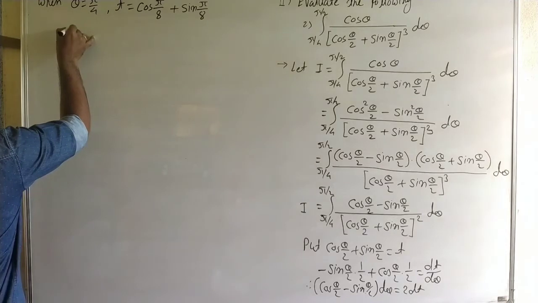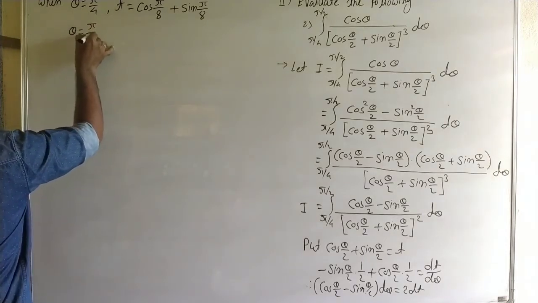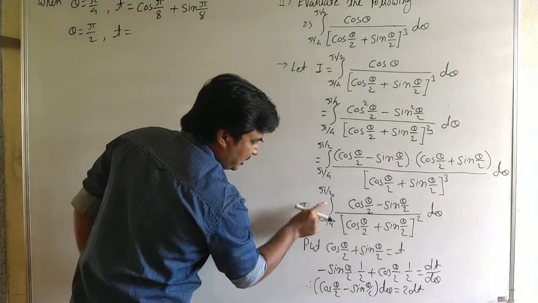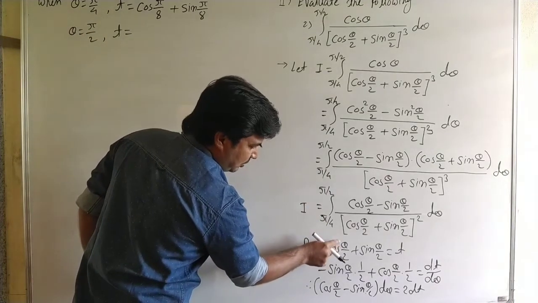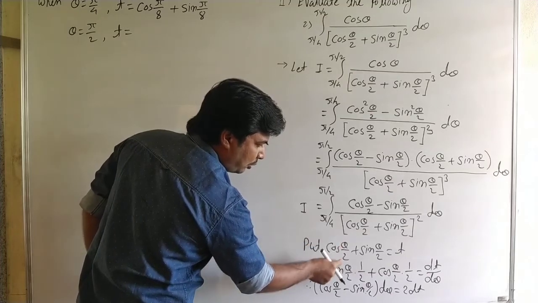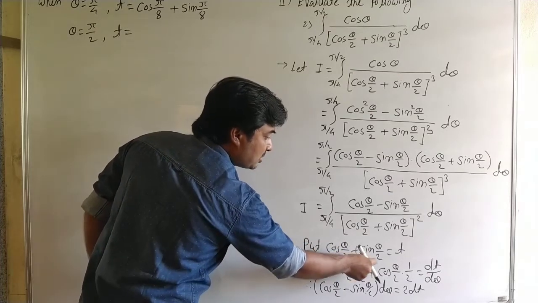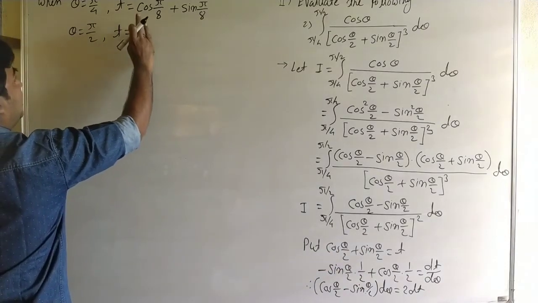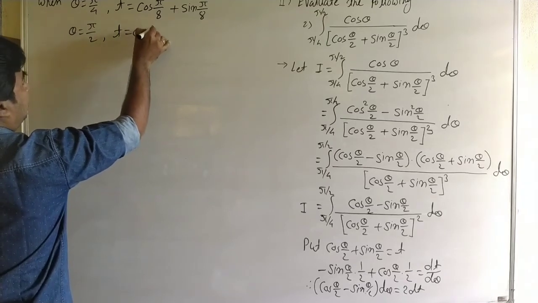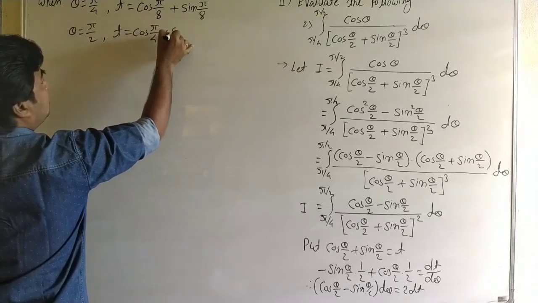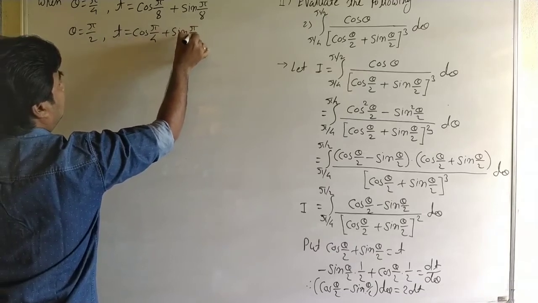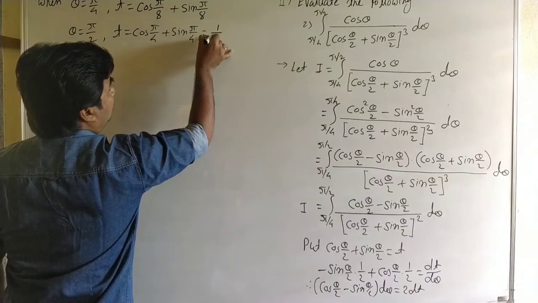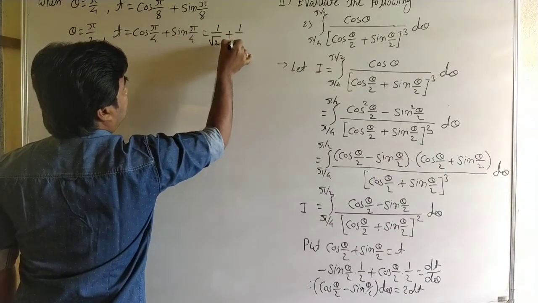Now if theta is equal to pi by 2, then t is equal to, see carefully, pi by 2 upon 2, that means it is pi by 4, cos pi by 4 plus sin pi by 4, and we know the value of cos pi by 4 and sin pi by 4, it is 1 by root 2 plus 1 by root 2.